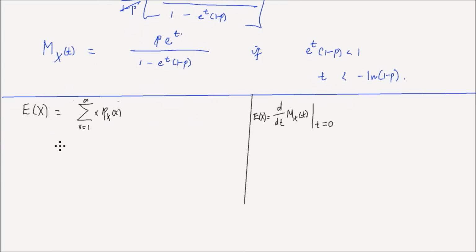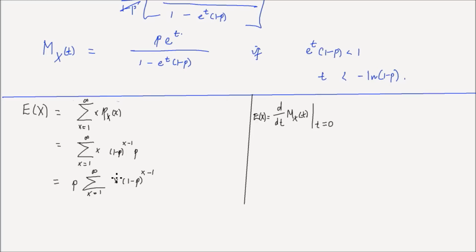Let's do this first. So this is equal to the sum x from 1 to infinity of x times the PMF, which is 1 minus p to the power of x minus 1 times p. But here, p does not depend on x, which is the index of the summation, so I can take it outside. So I have p times the sum x from 1 to infinity of x times 1 minus p to the power of x minus 1.